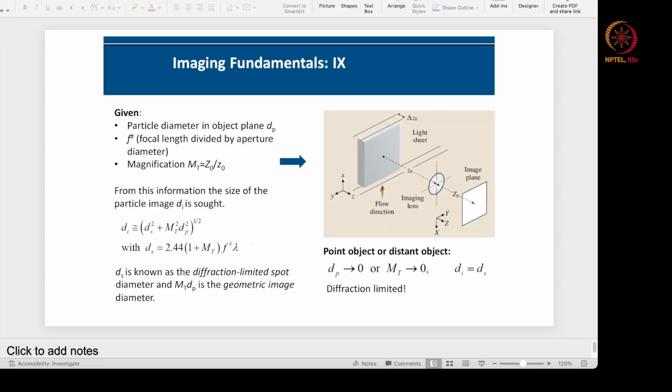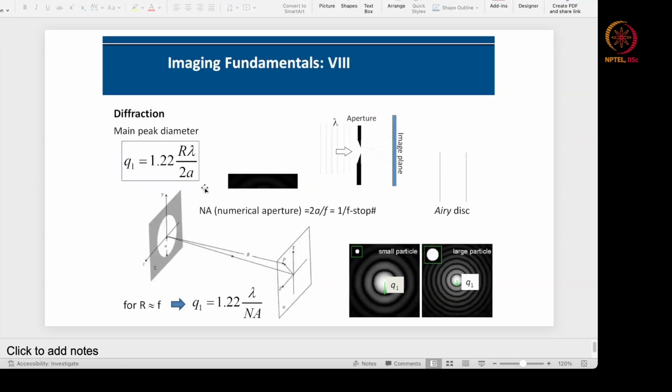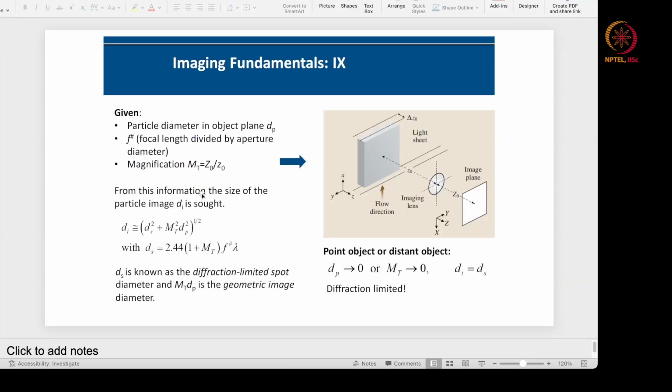Now look at a situation where the particle diameter in the object plane is dp. This is the object plane, and as we said earlier, this can be your lens, an object, or anything.